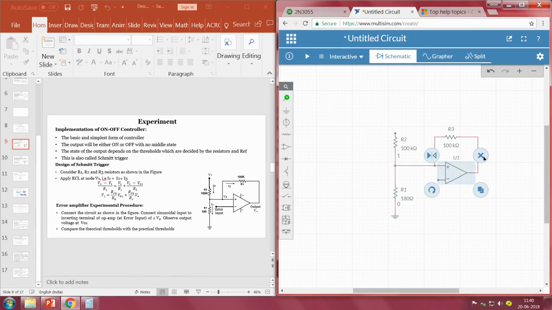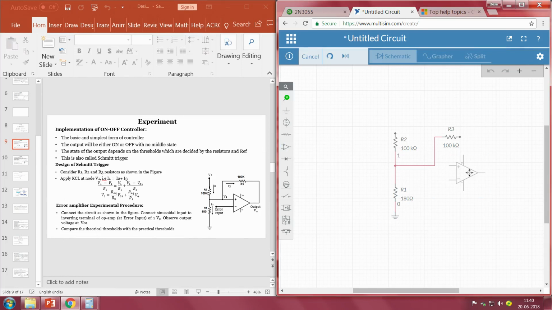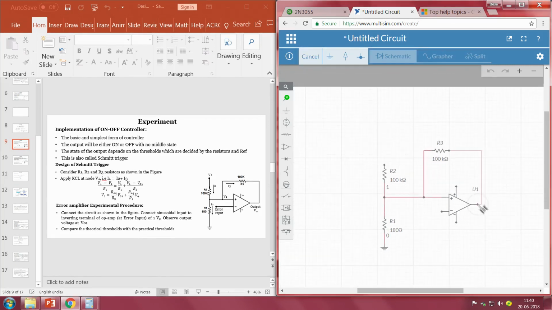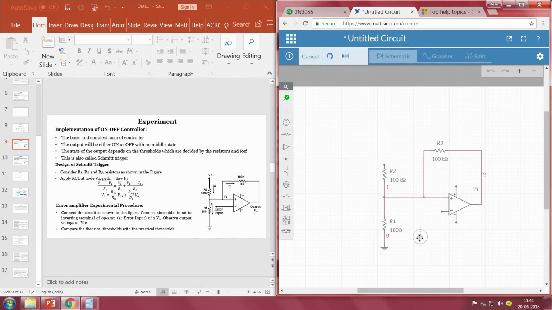Okay. Since we do not have a power supply, what I do is I will take an op amp with 5 terminals. So, we can connect plus VCC and minus VCC here, and this is my error input. That will be passed through a triangular voltage generator, so it is easy for us to understand when it is switching on and switching off.